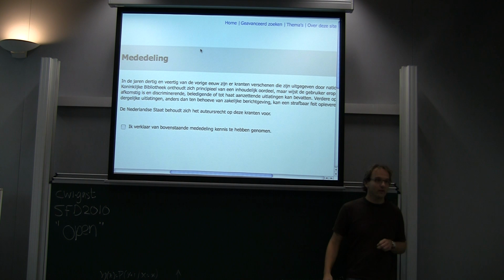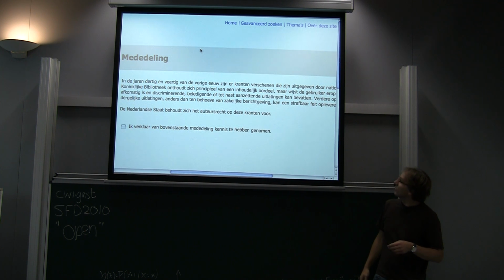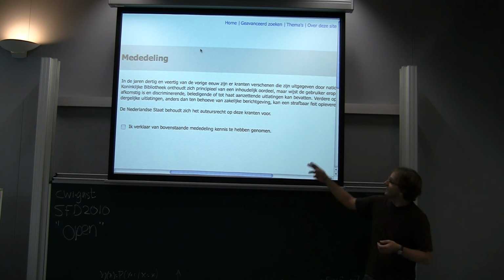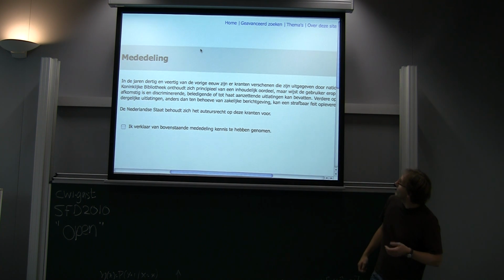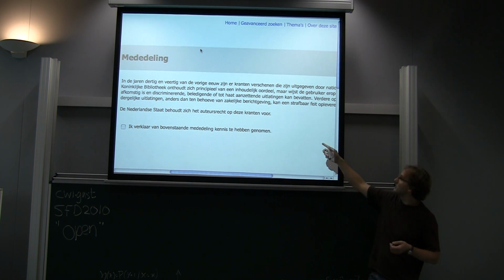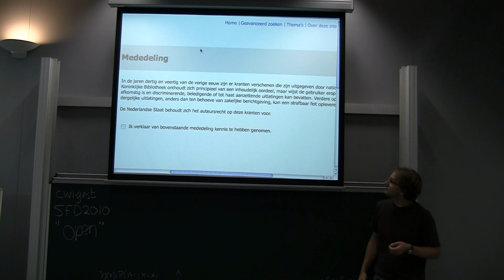It's basically a disclaimer saying that I should be aware that there's pro-Nazi content that's actually illegal to publish according to Dutch law at this moment, and that it can contain all kinds of illegal material, and that if I republish this in a different context for different purposes, I could actually be committing a crime myself.